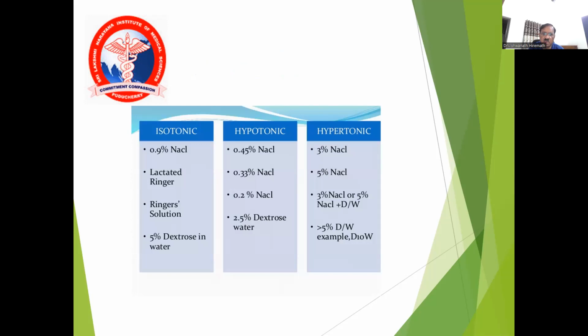Hypertonic: 3% normal saline, 5% normal saline, 5% normal saline with dextrose. More than 5% dextrose, okay, 10% dextrose, 20% or 50% dextrose are hypertonic.